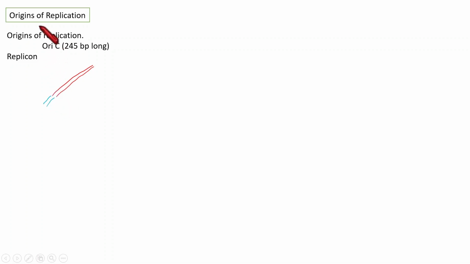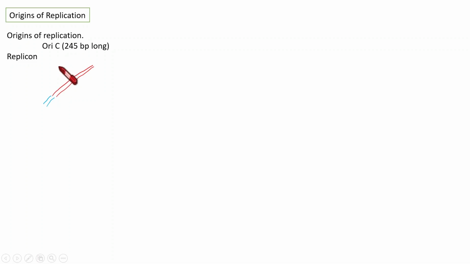Clear? In the case of prokaryotes, as there is only one origin of replication, there will be only one replicon. But this is not the case in eukaryotes. There, many origins of replication are present, and for that reason they have many replicons.